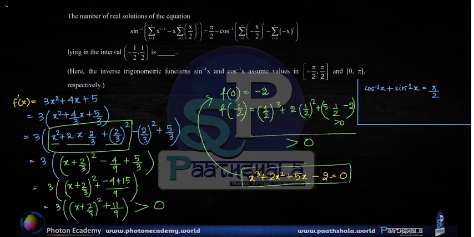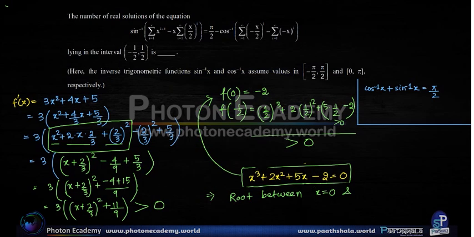That implies there is a root between x is equal to 0 and x is equal to half, and we got another root as x is equal to 0.